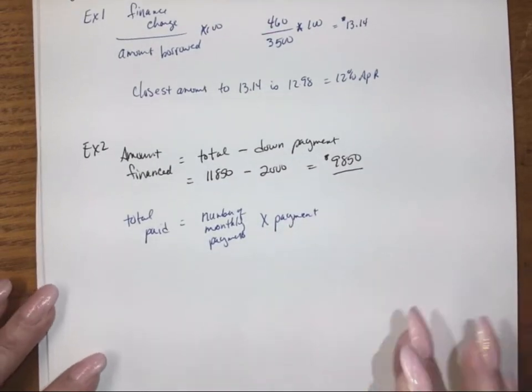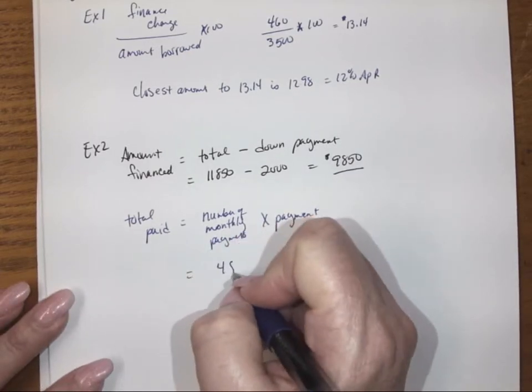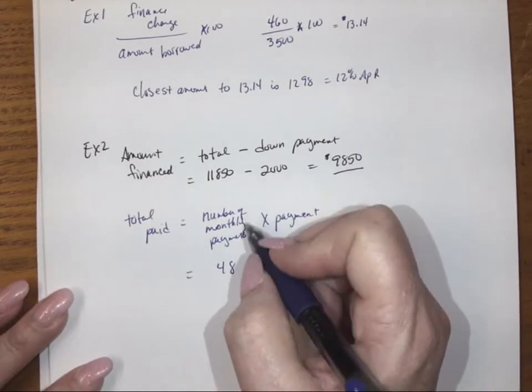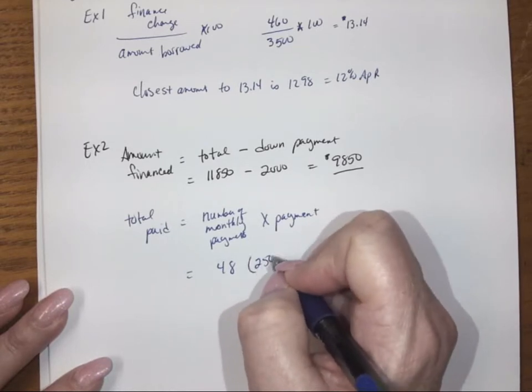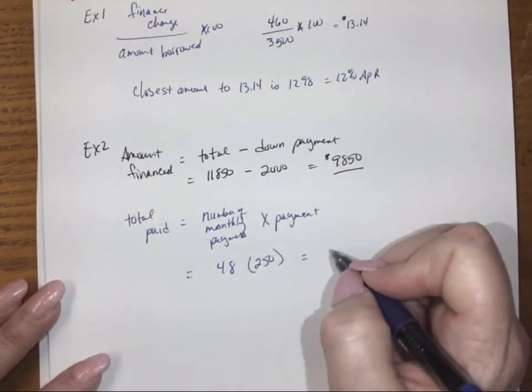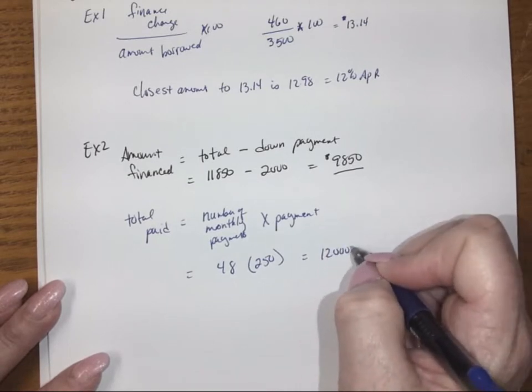In this case, she is making 48 monthly payments, and her payment is $250. So 48 times 250 will get you a total of $12,000.